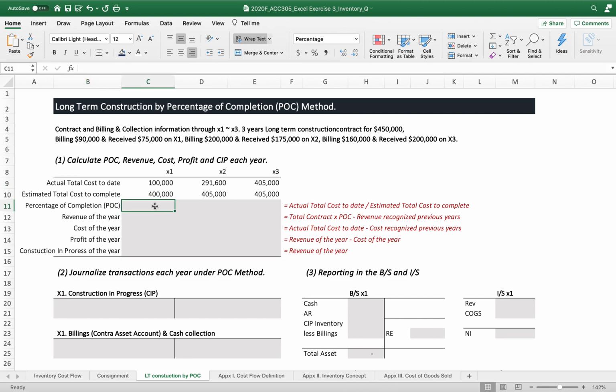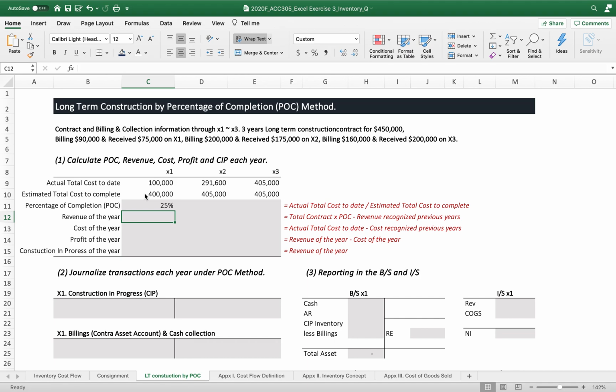So let's start. First, the percentage of completion is 100,000 divided by 400,000. So 25% is completed from the start of the construction. And then the revenue of the year.